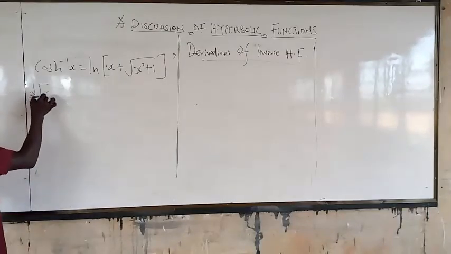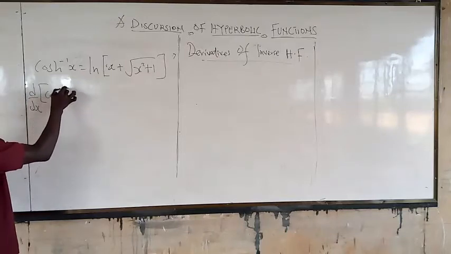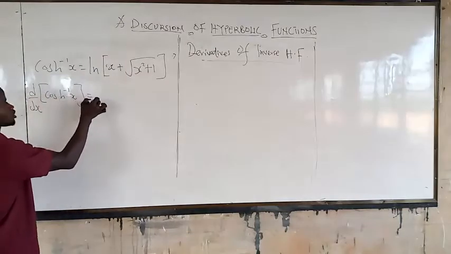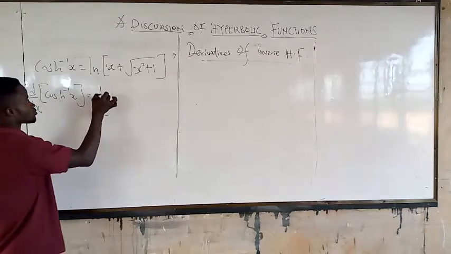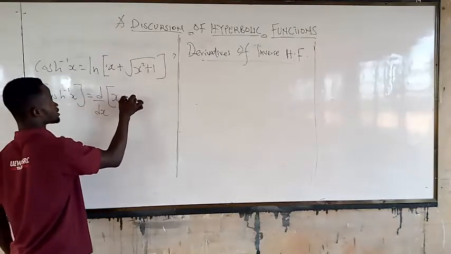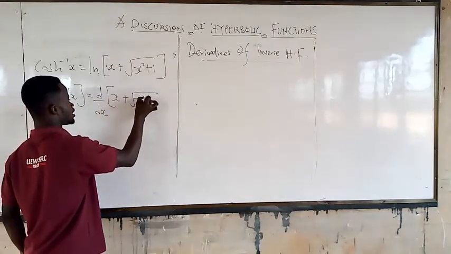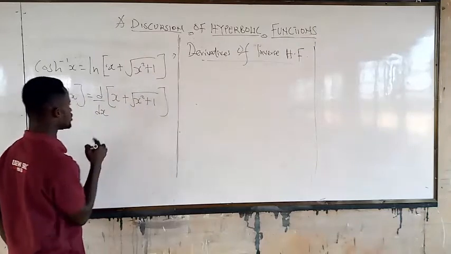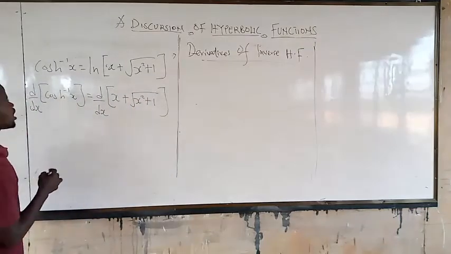That means we want the derivative of cos inverse of x to be equal to the derivative of ln of x plus square root of x squared minus 1.